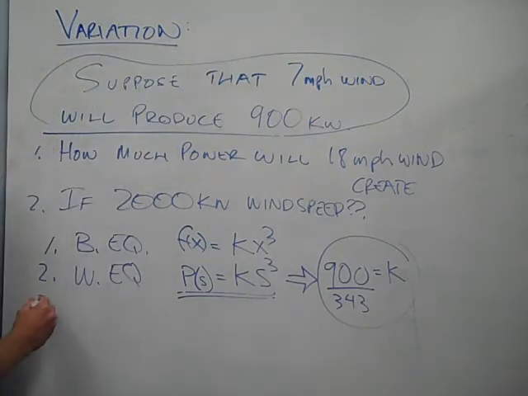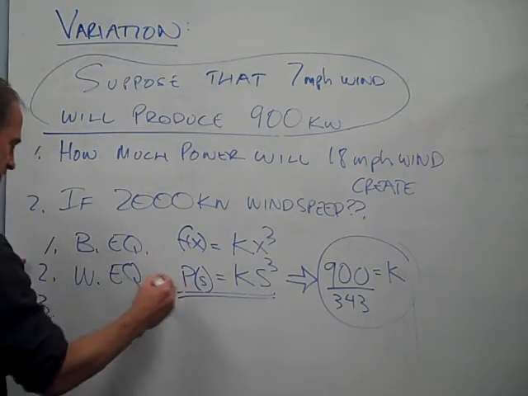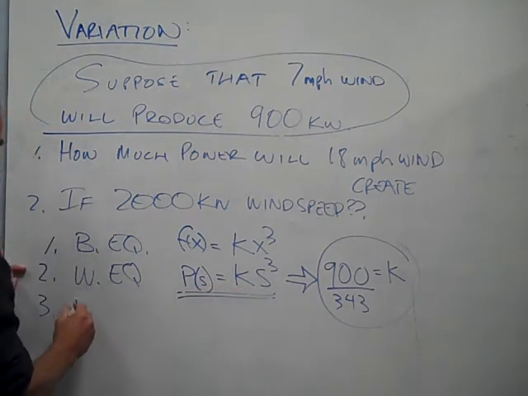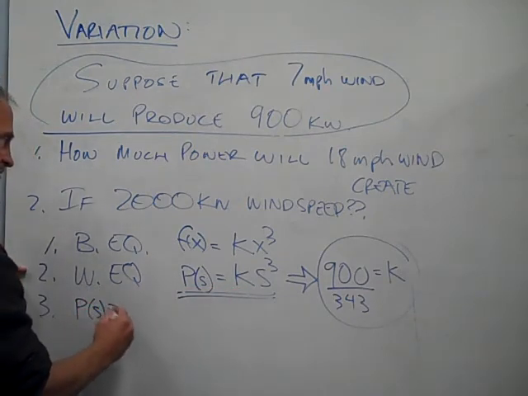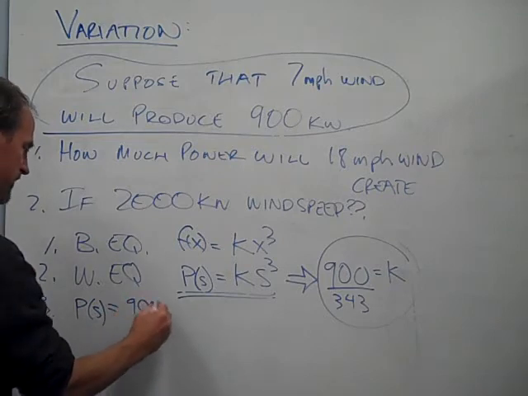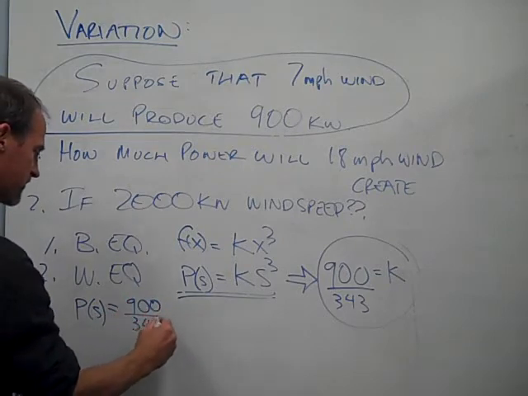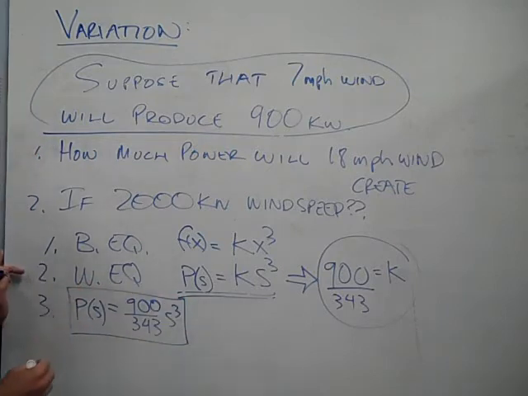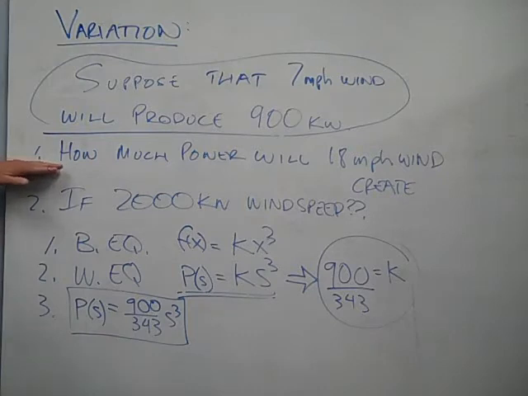Okay, so then the third step is to replace, in step number 2, my working equation, replace k. So I'll say then P of S is going to be equal to 900 over 343 times S cubed. That is my equation that will allow me to solve the first problem.